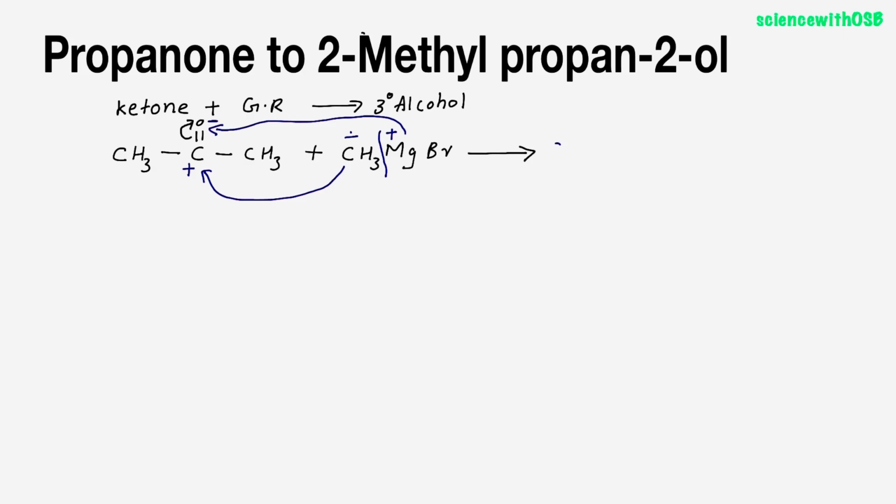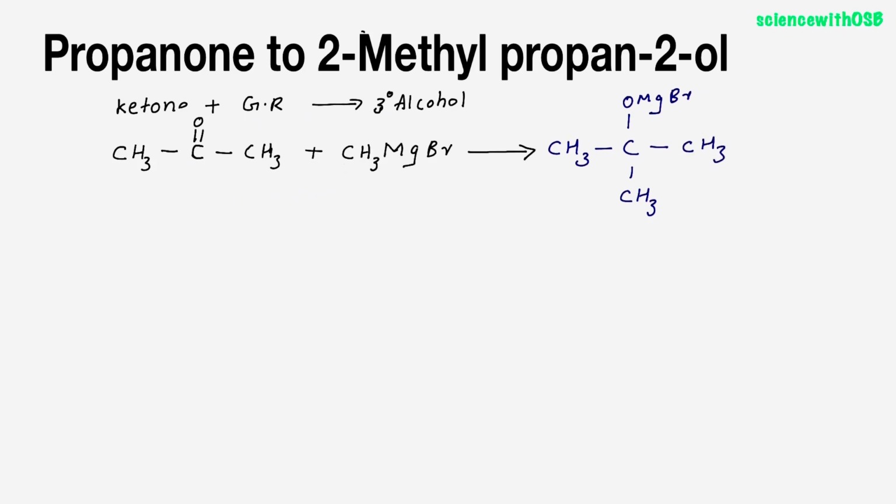So what will you get? On the carbon carrying positive charge, you will have CH3, right? Now the oxygen carrying negative charge makes a bond with MgBr, right? And what is left? CH3. Hope you understand.